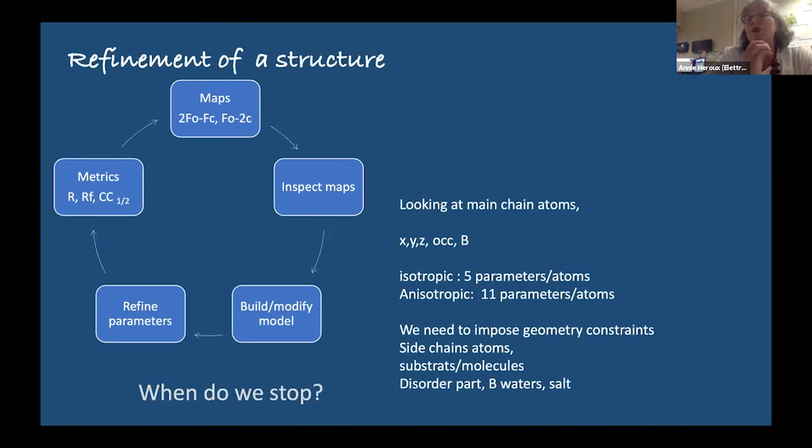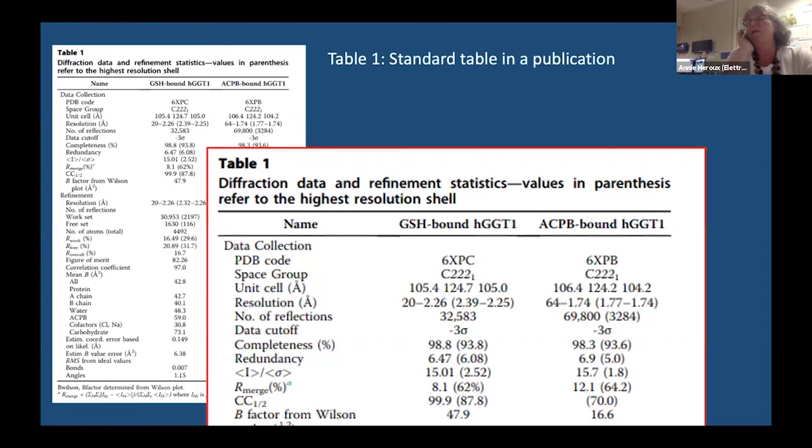When is good enough? When are you starting to overfit your data a little bit? There are plenty of hints in the log file that you will see, and this is where being a crystallographer will help you a lot to know where to stop.